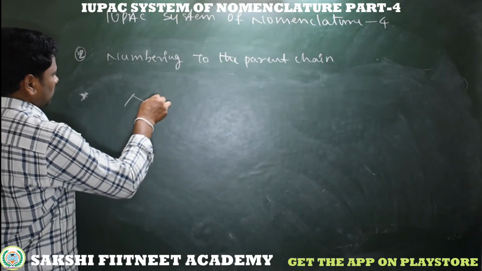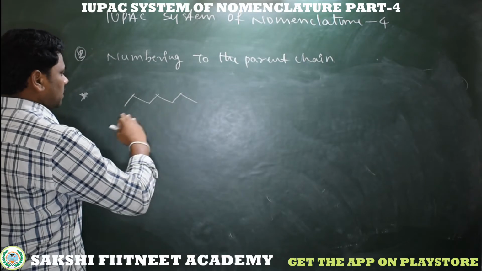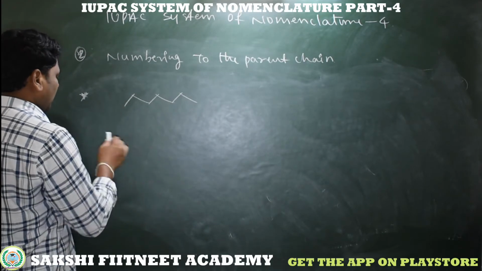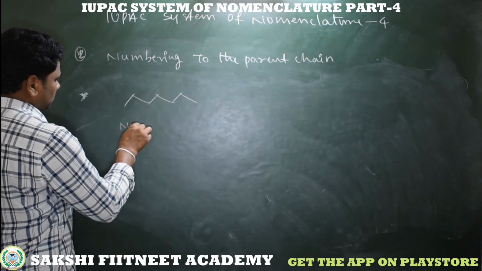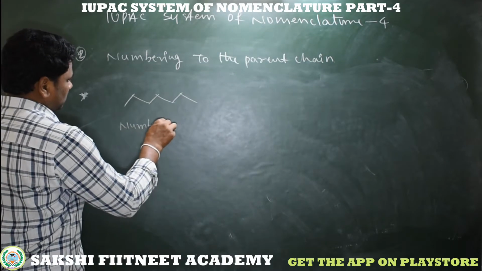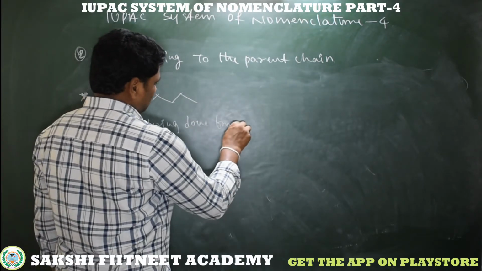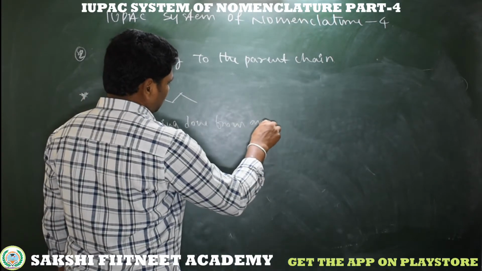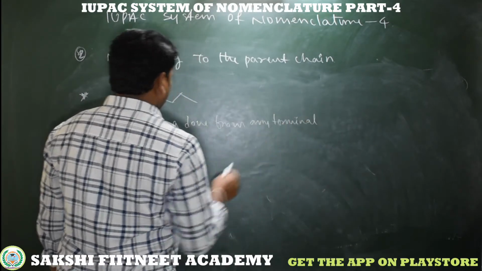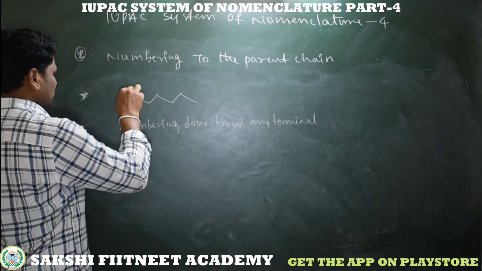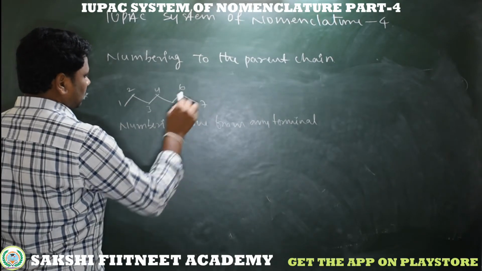If the molecule is a simple straight chain, you can start numbering from any side, from any terminal. So here I am taking from the left: 1, 2, 3, 4th, 5th, 6th, 7th.